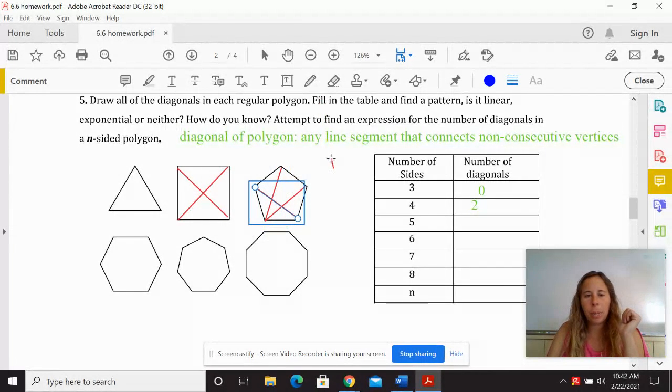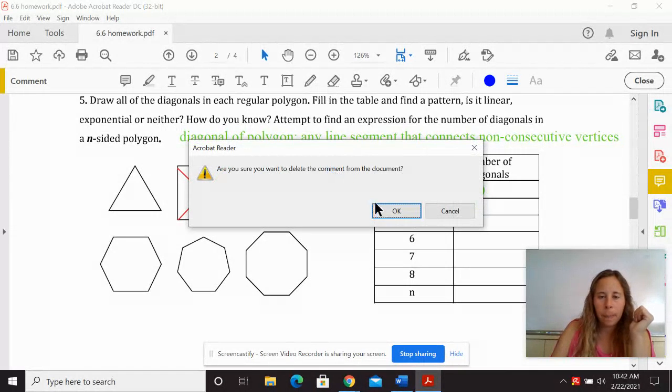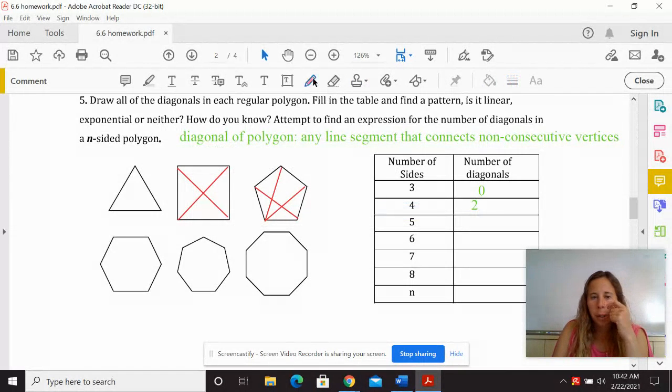I might have to draw on my last one. Hold on. So it's not going to be as straight. You could also go from here to there. Oh, that wasn't actually that bad. Okay. As long as they're not next to each other.